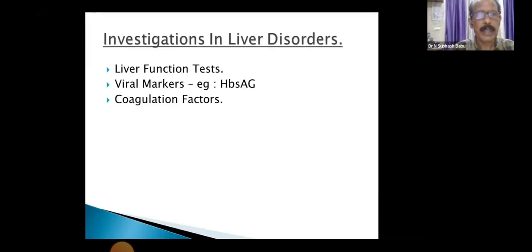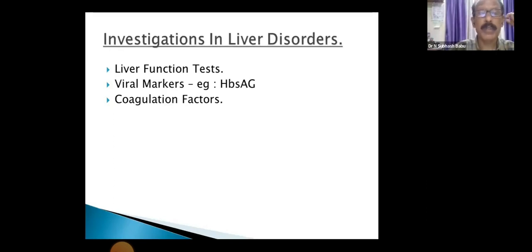Congenital hyperbilirubinemia is of many types like Gilbert syndrome and so many other diseases. But in congenital hyperbilirubinemia, the direct bilirubin will be within normal limit, that means 0.54 milligrams per deciliter or below, and the indirect, unconjugated, will be more. So that is about the excretory function.